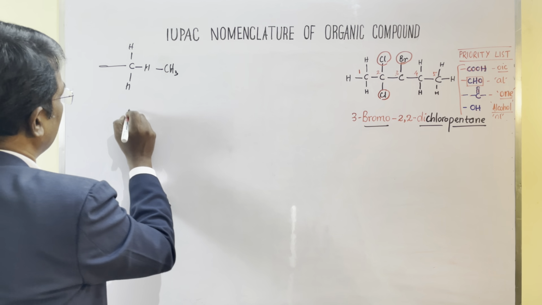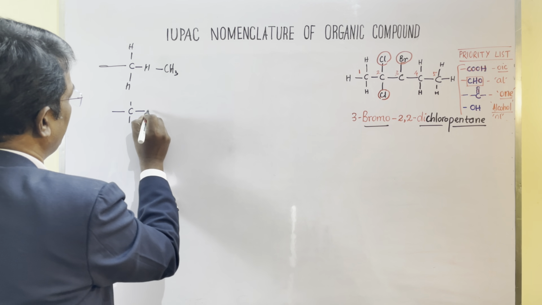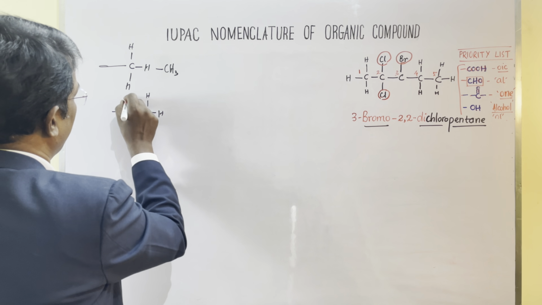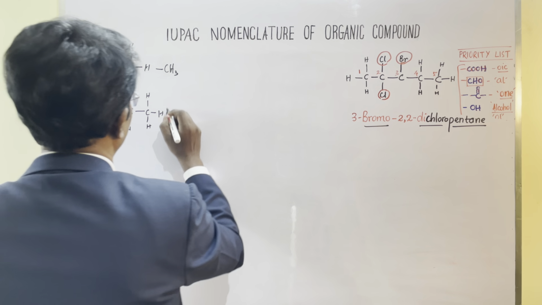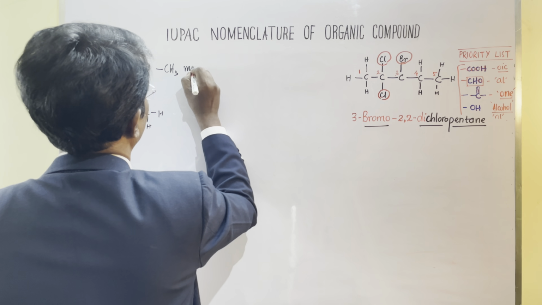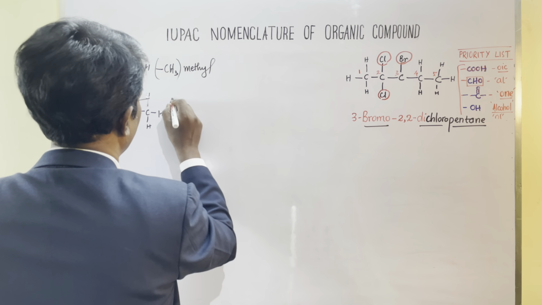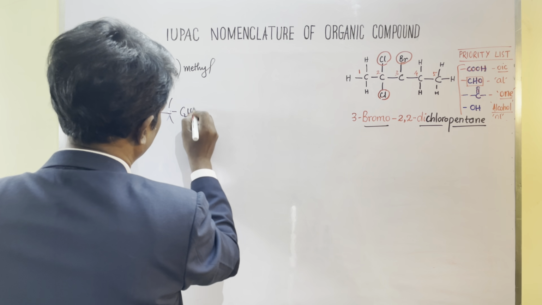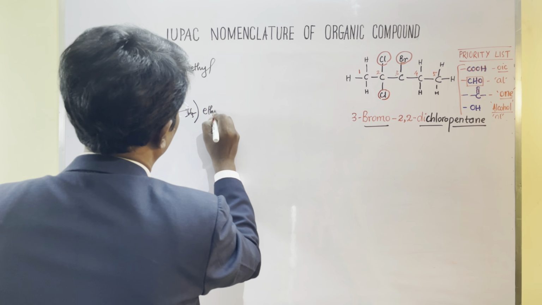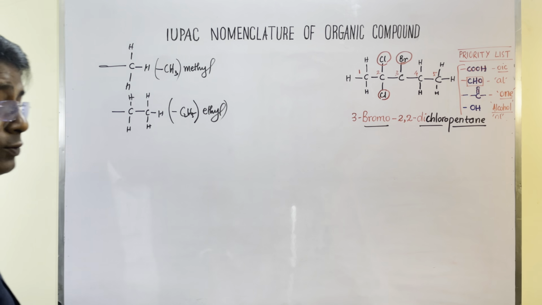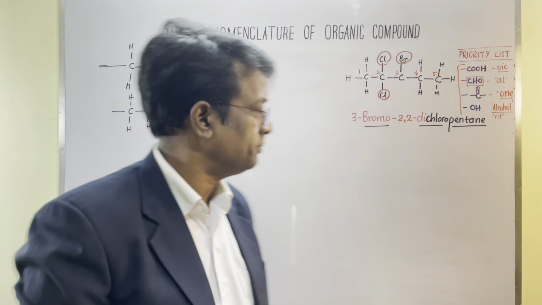Similarly here, if H and CH3, hydrogen, hydrogen, hydrogen, this is an alkyl group, this is a methyl, and so this is your ethyl, C2H5, ethyl group. Fine. Similarly, propyl, butyl, the list goes on.